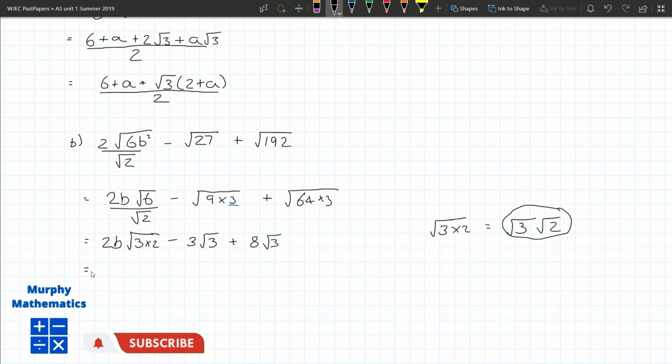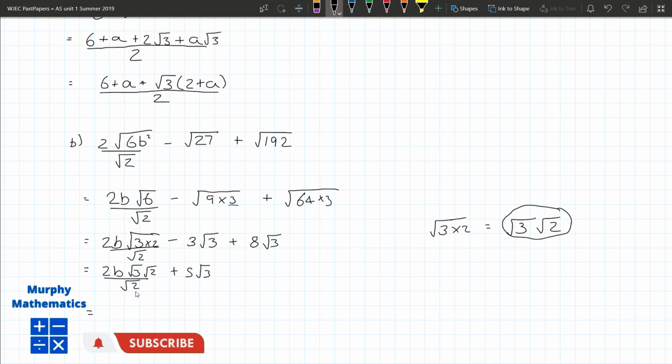Okay, so now I missed a root 2 off here. So I've got 2b root 3 root 2 over root 2. I've got minus 3 root 3 and I've got positive 8 root 3. So I can just collect those together and I get positive 5 root 3.